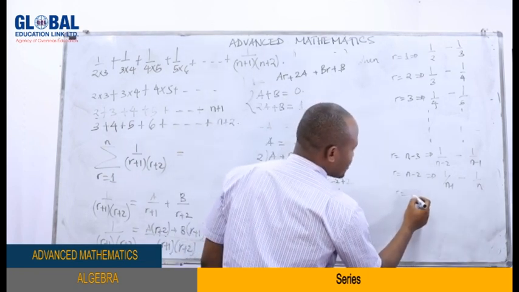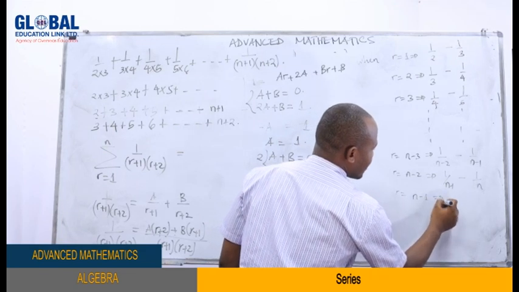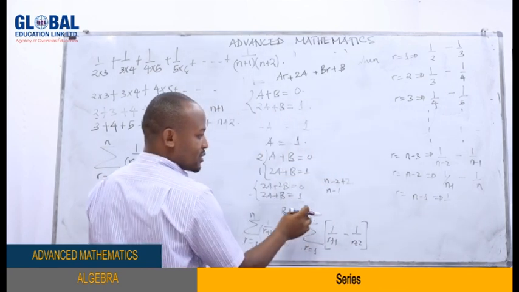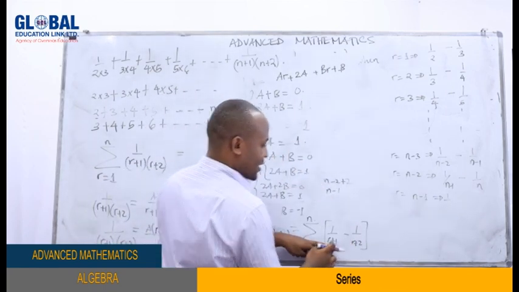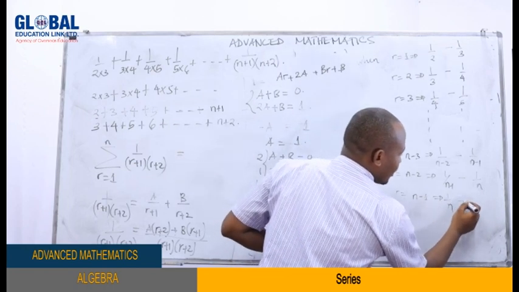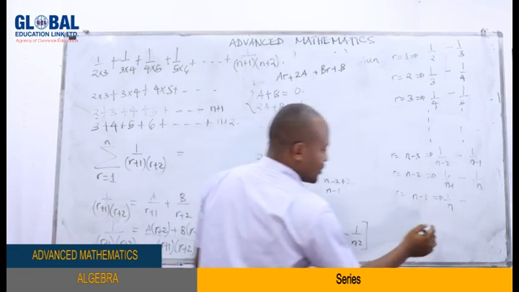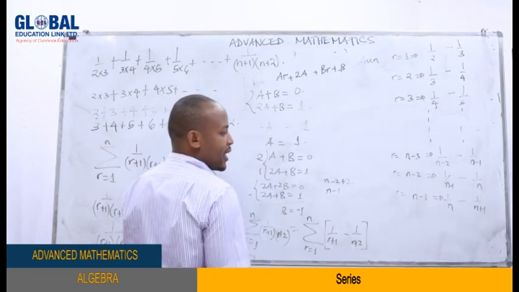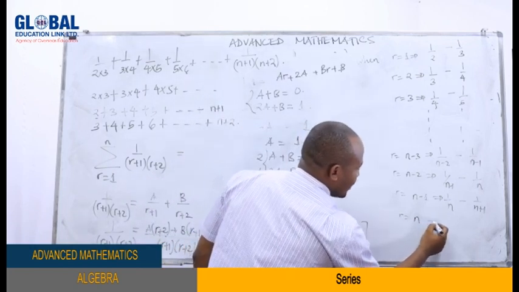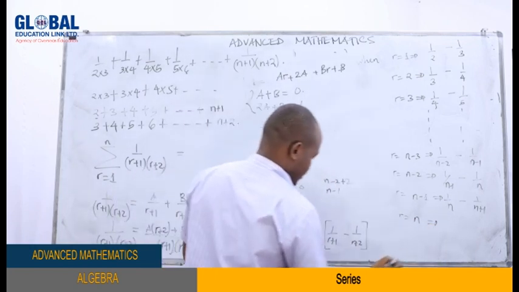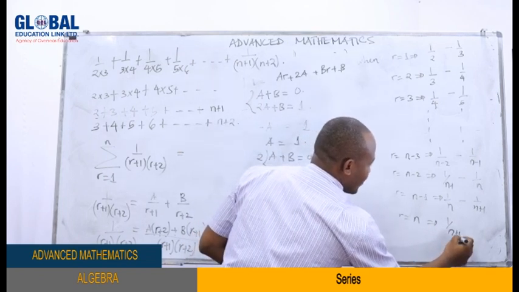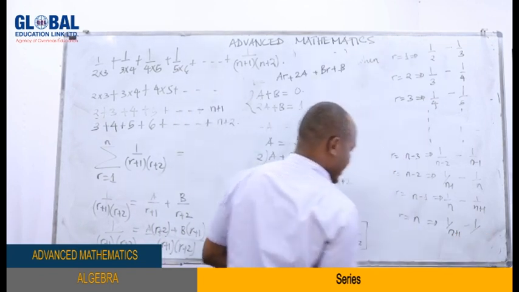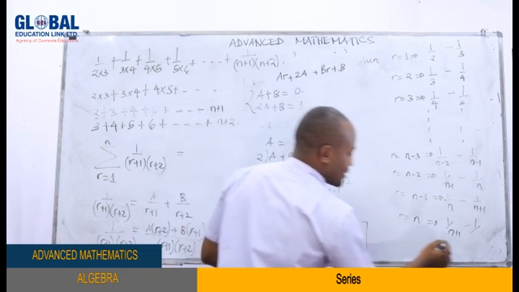And when r is equal to n minus 1, we are going to have 1 over n, minus 1 over n plus 1. And when r is equal to n, we are going to have 1 over n plus 1, and then minus 1 over n plus 2.